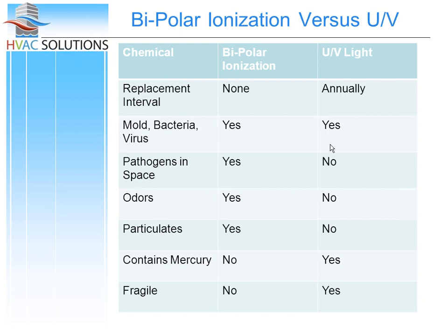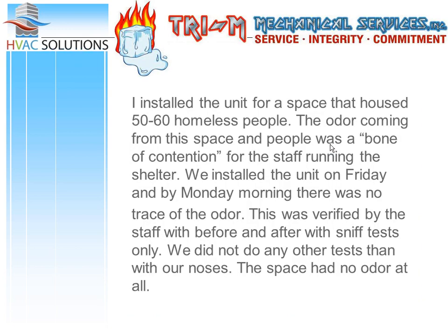We're helping with particulate, and there's no mercury. So some UV lights still contain mercury, and for whatever reason, that's not a good thing. And then when you say fragile, you could easily keep a GPS unit in the back of a truck, and it's not going to get damaged, whereas a UV light is questionable.